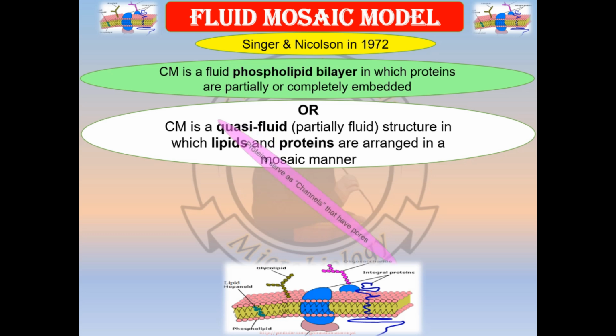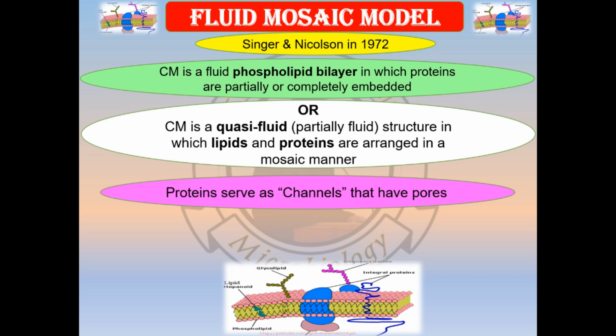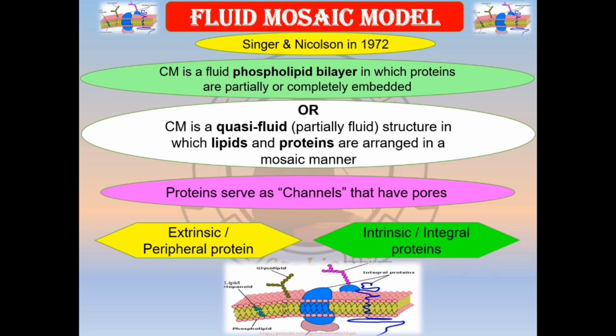The proteins embedded in the cell membrane serve as channels that have pores and are divided into two major types: extrinsic or peripheral proteins, which are soluble in nature, and intrinsic or integral proteins, which are insoluble in nature.